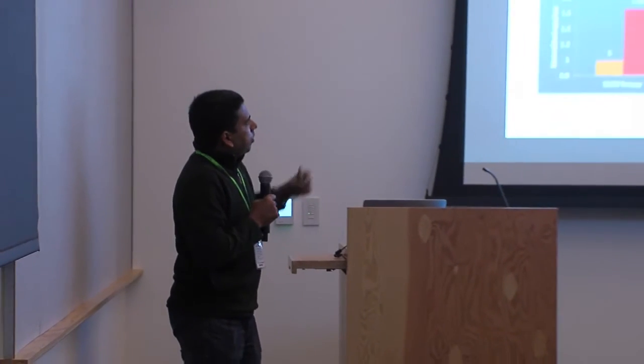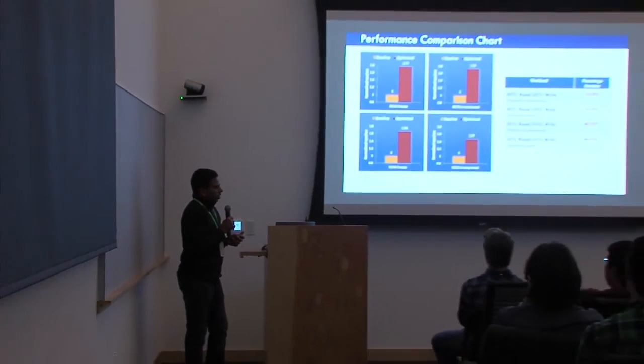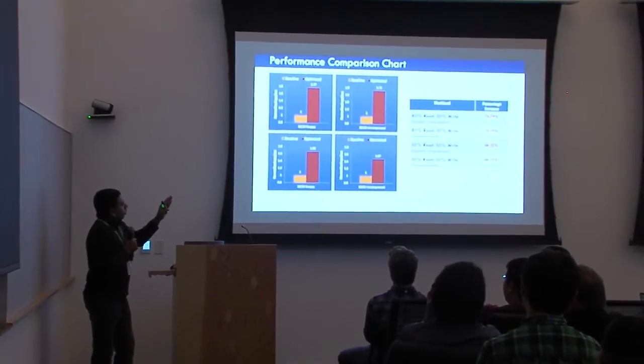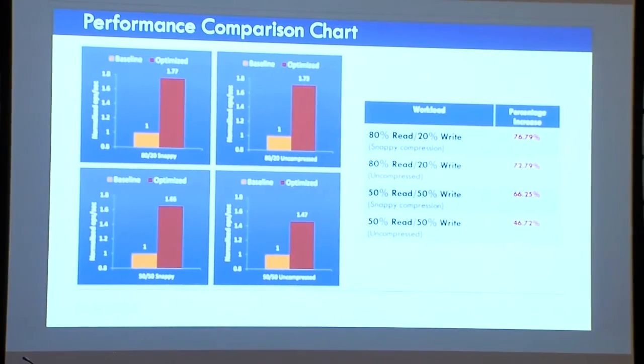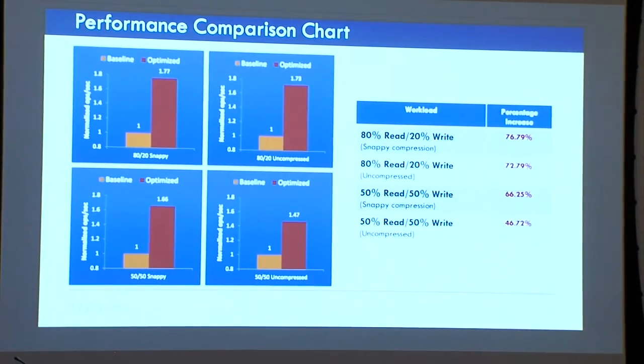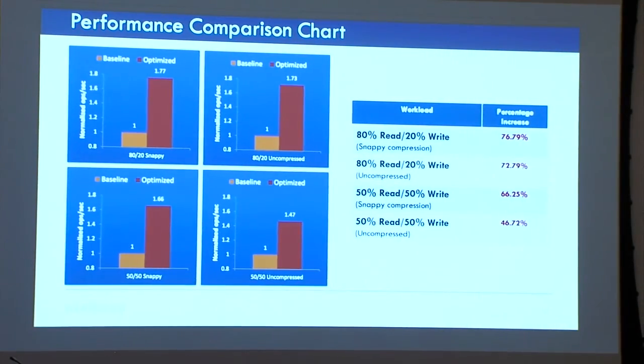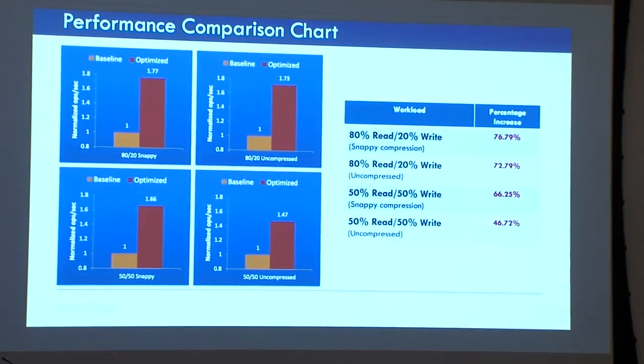For the baseline, we were seeing around 174K, and for the optimized, around 316K. But the experiment ran for probably 30 minutes to 1 hour, and as time goes on, you would see a dip in the performance.